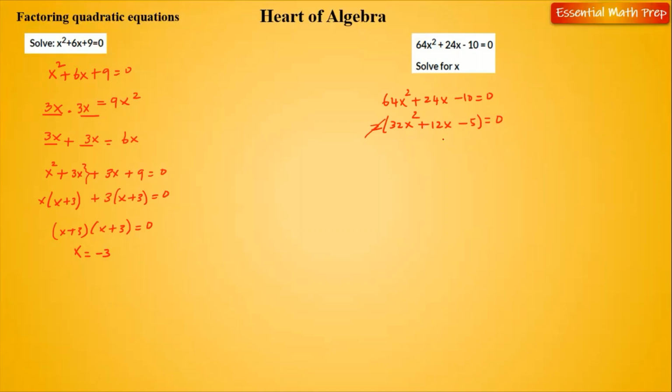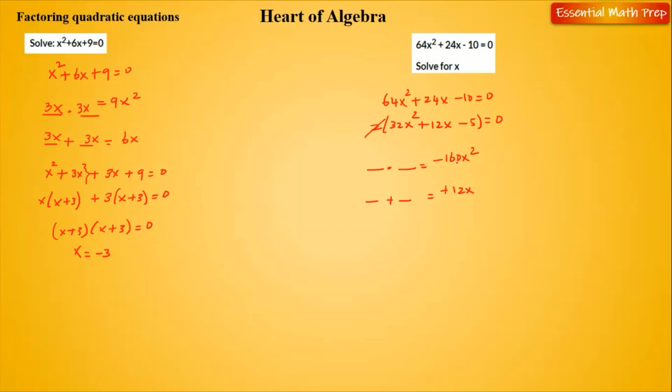So if we factor the expression inside the bracket, then we can determine the value of x. When we multiply the two terms, we should get negative 160x squared, but when we add the two terms, we get plus 12x.